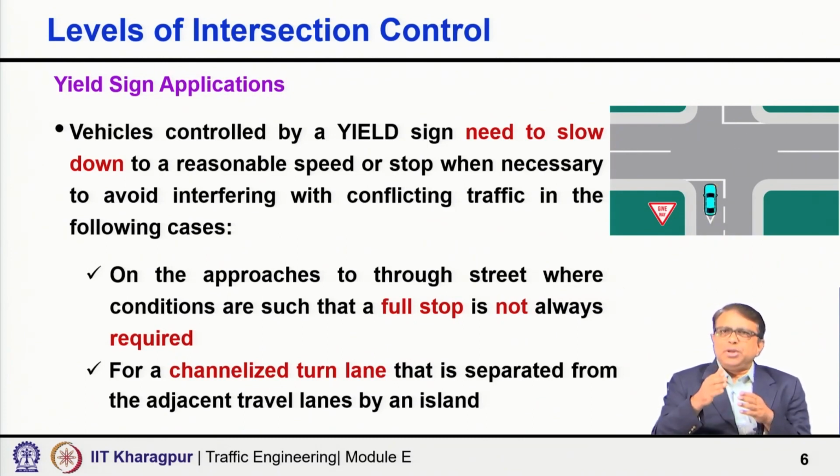So, maybe there is a channelized island and left turning is happening, but yes, it is a free left, but it is to tell that okay, you are allowed to merge, but priority is for the through traffic. So, merge with a yield sign control.